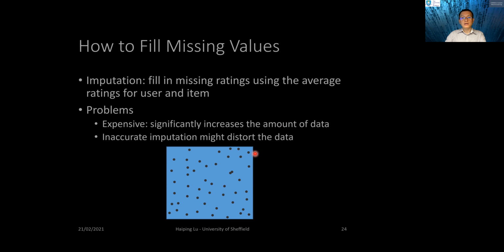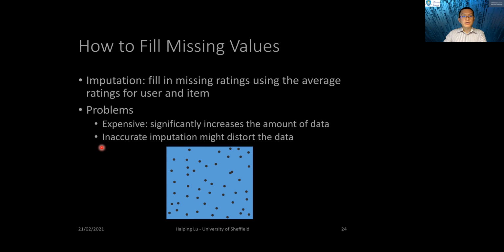Because the matrix is sparse, if you fill in all the entries, the data grows a lot. For example, if originally only 1% of the entries have values and 99% are missing, filling in those 99% missing entries will increase the data size by almost 100 times.